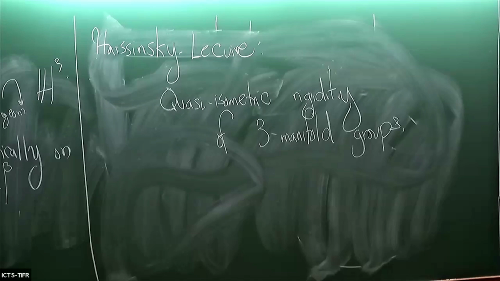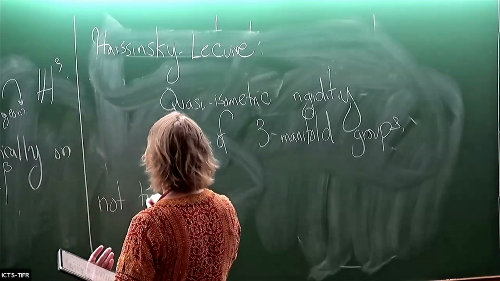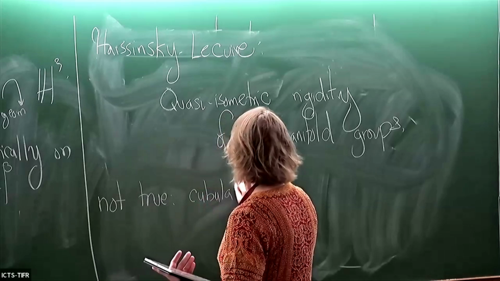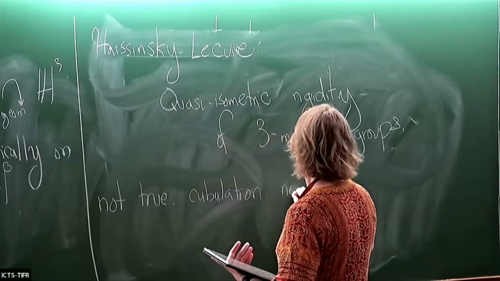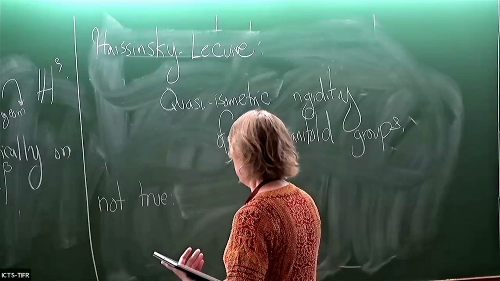Okay, so it's not true that, so one interesting fact, so cubulation is not a QI invariant. So being co-compactly cubulated, which someone will talk about, it could be me.